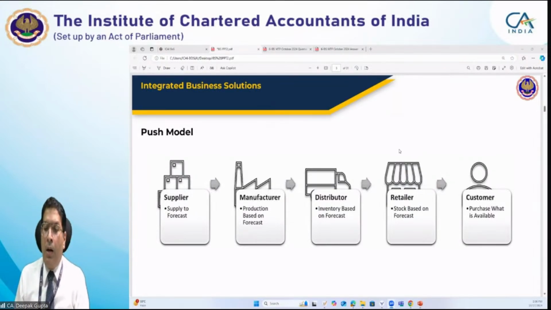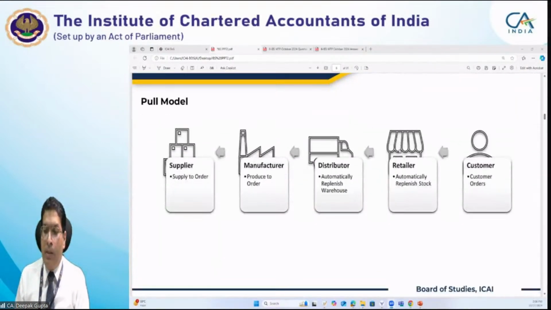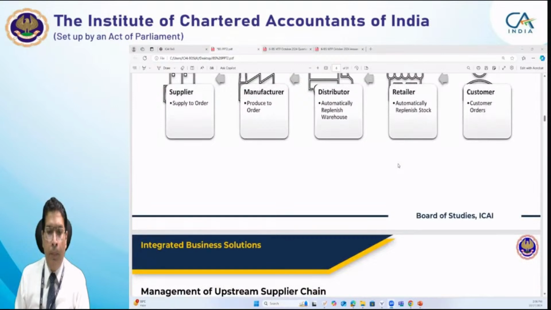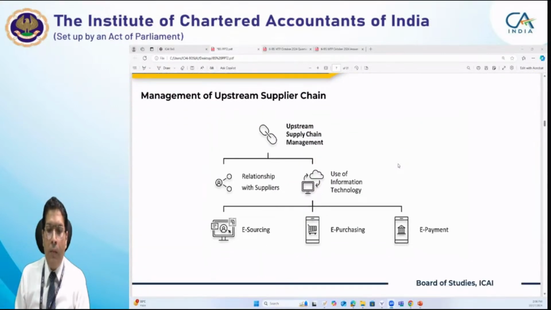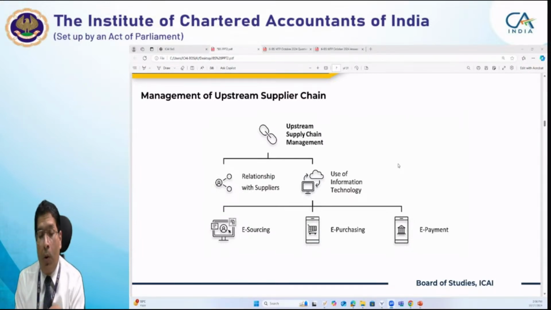There are two streams in supply chain management. This diagram relates to the pull model. Now, upstream supply chain. This involves suppliers and procuring the raw material needed for production.